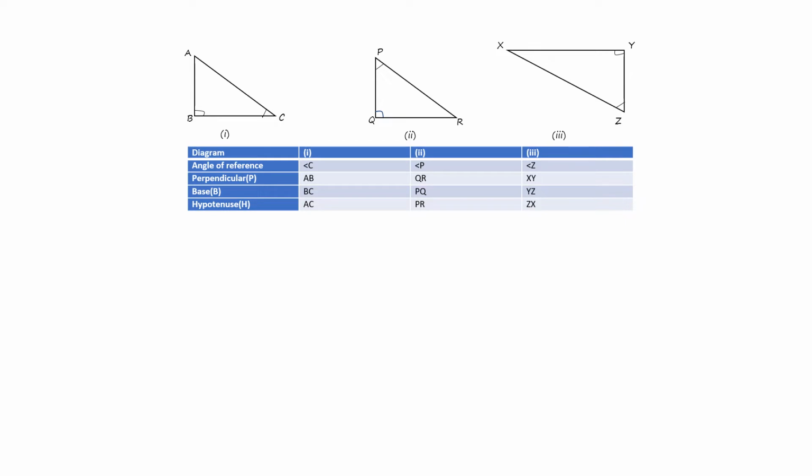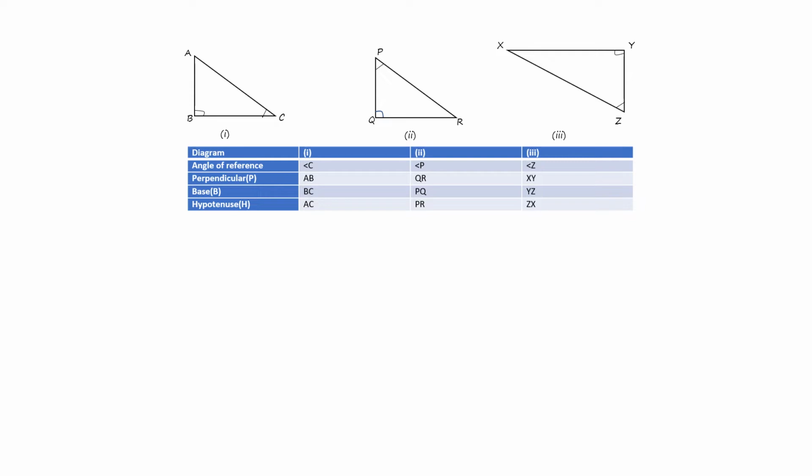So AC is hypotenuse. Similarly, in diagram 2, in triangle PQR, angle Q is 90 degrees, angle P is the angle of reference. So if we take P as the angle of reference, the side opposite to angle P is QR. So in this case, perpendicular is QR.